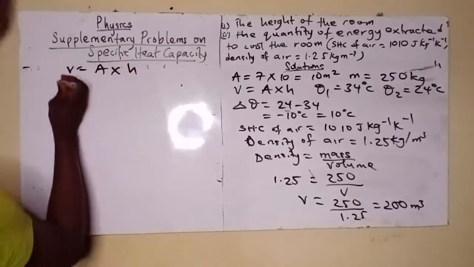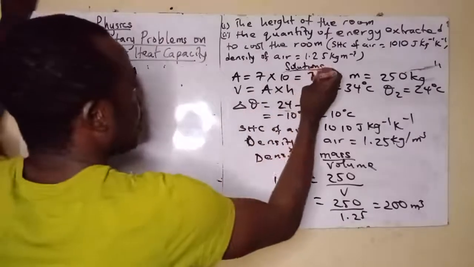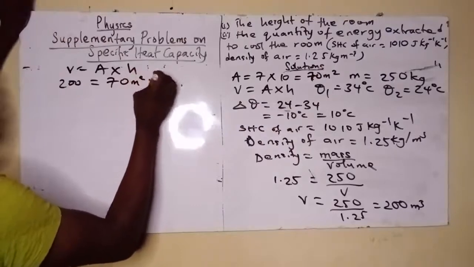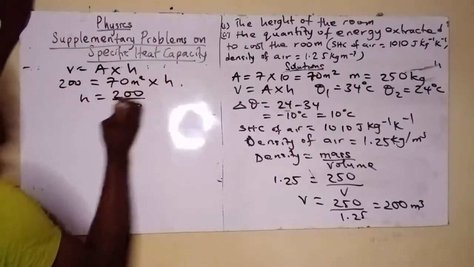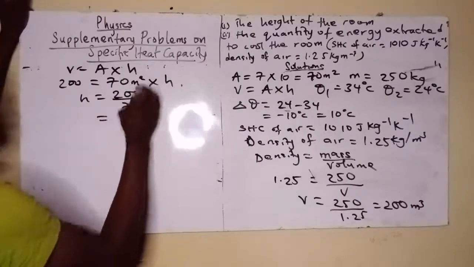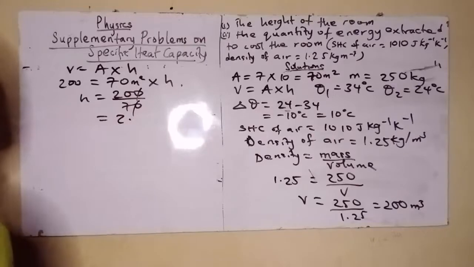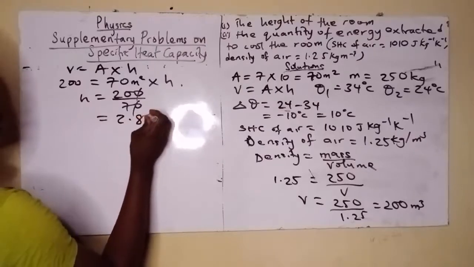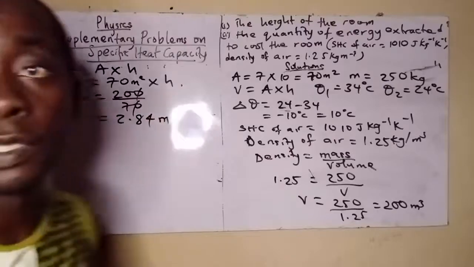So 200 equals the area, 70 meters squared, times height. So height will be 200 over 70, and that will be 2.84 meters. So that's the value of the height.